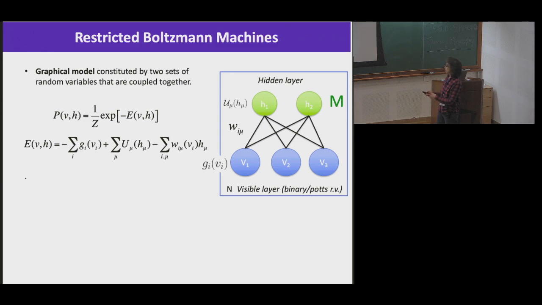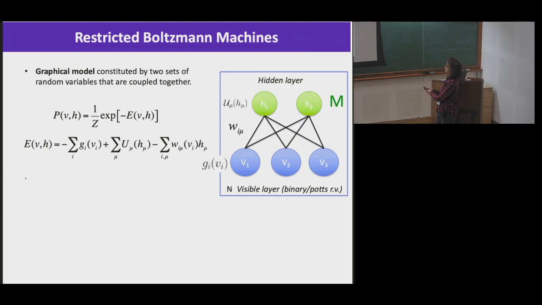And then you have the hidden layer with M hidden units, and you have the three terms described here in the potential. So the joint probability of having a set of visible variables here and hidden variables here has an exponential weight with an energy which has three contributions.